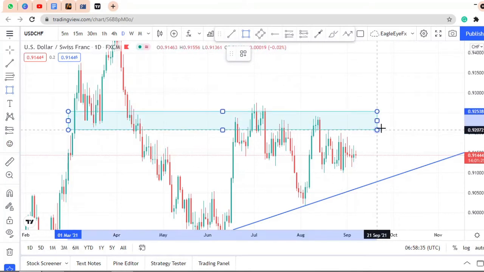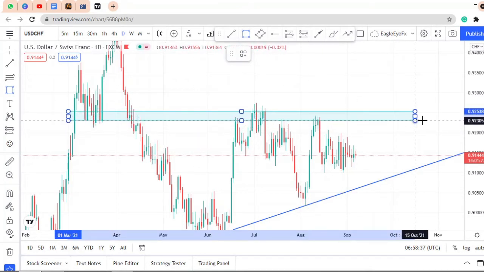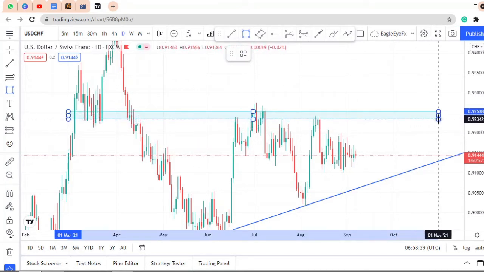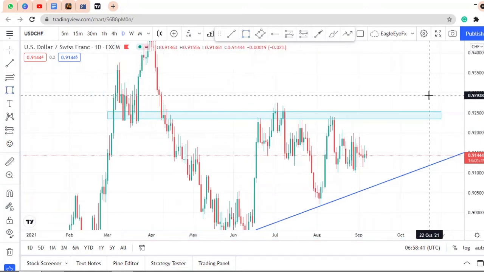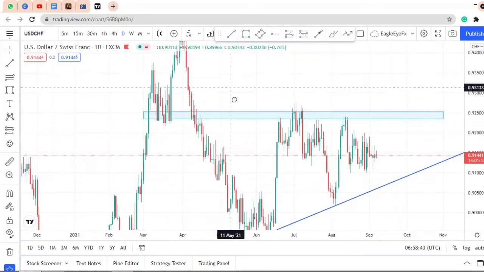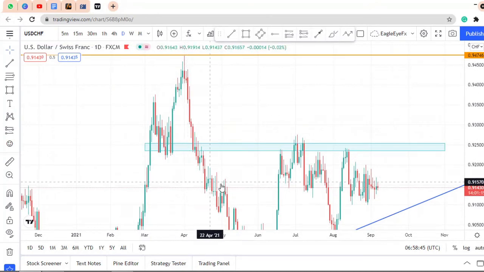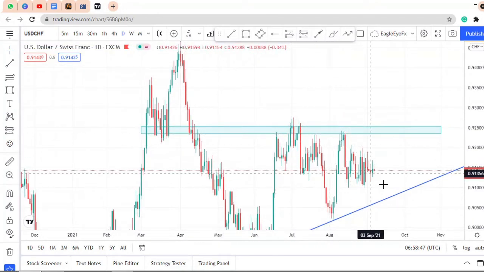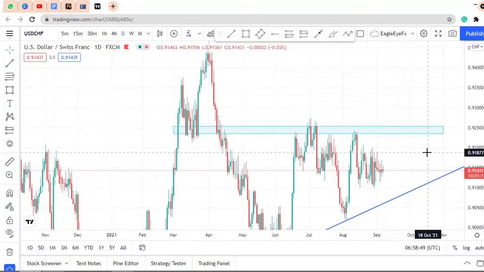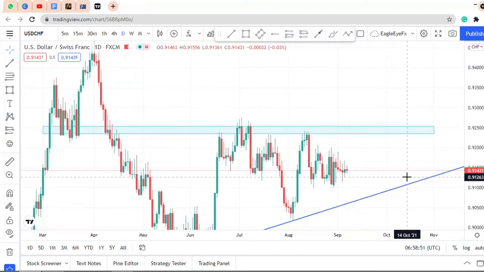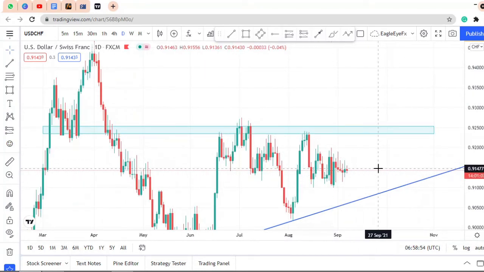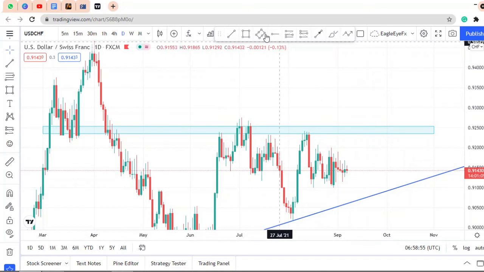I can mark this level here, and as you can see, this level supported this market and was broken, then now it's acting as a resistance. Okay, and also, like I said, you can see there's a trend line here.